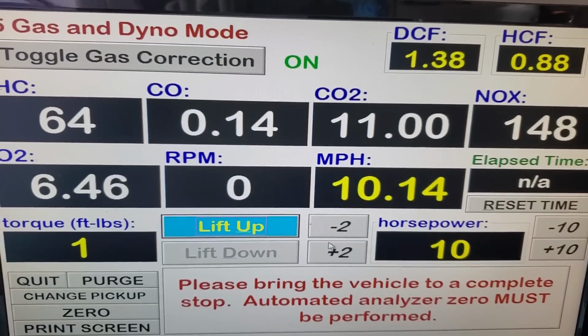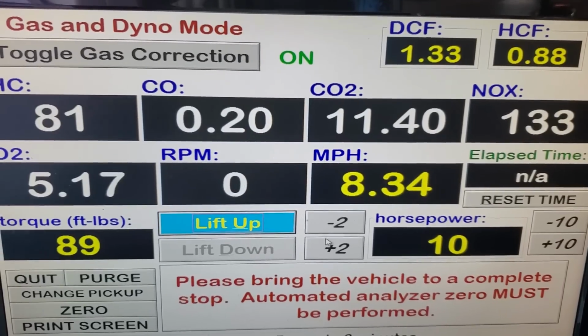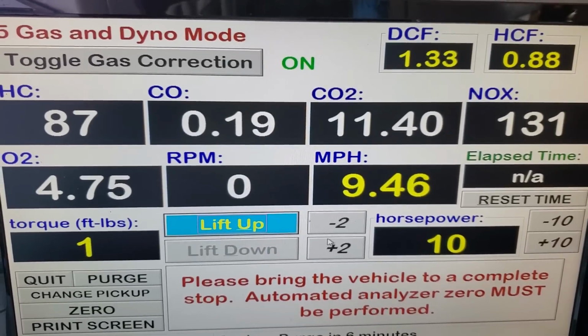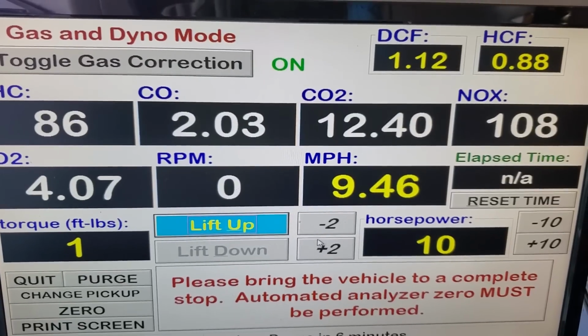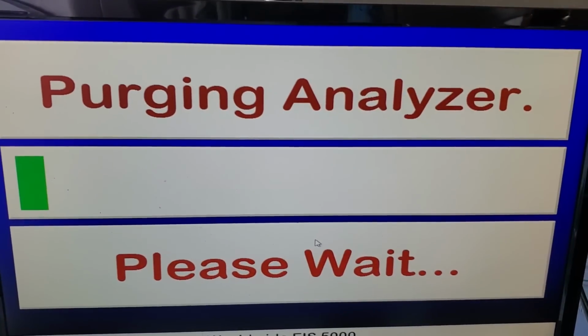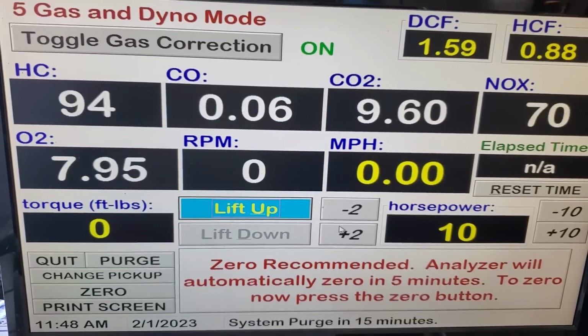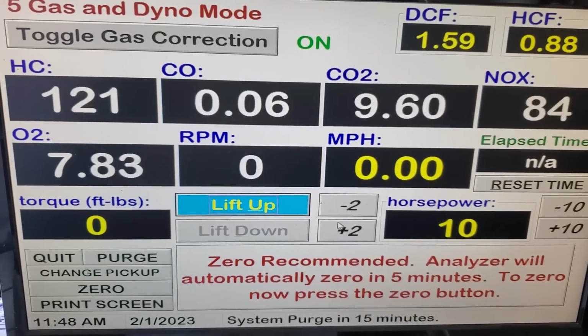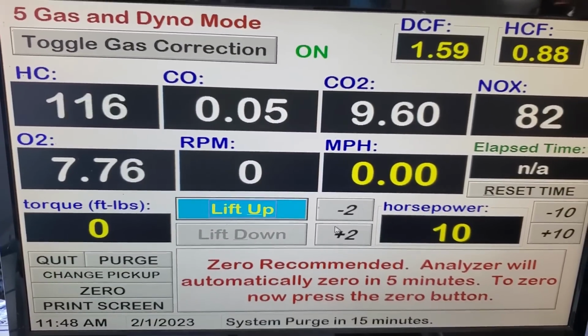I think that catalytic converter is real tired. Okay, stop. It's in closed loop. Okay, go ahead, accelerate.